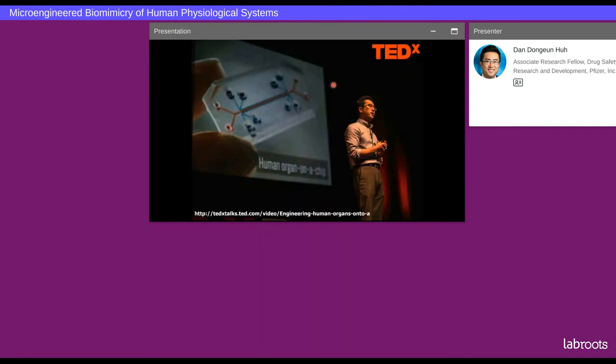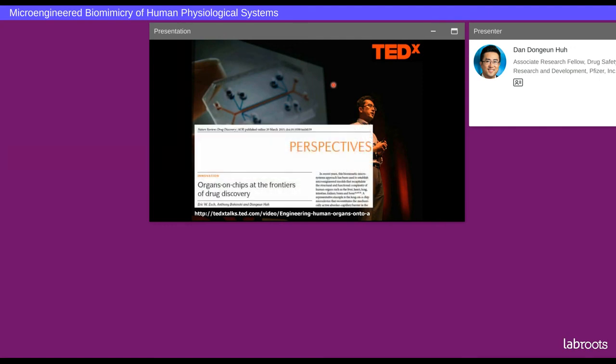I did not have time to really go into this topic today, but in case you're interested in learning more about what this technology has to offer for drug discovery, I gave a TEDx talk 5 years ago about this topic, and we also wrote a review article for Nature Reviews Drug Discovery to talk specifically about the potential of organ chip model systems for drug development.